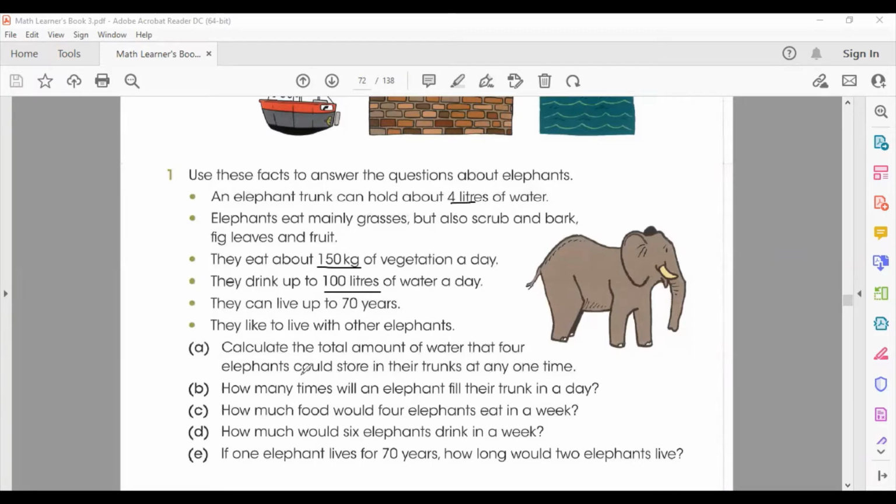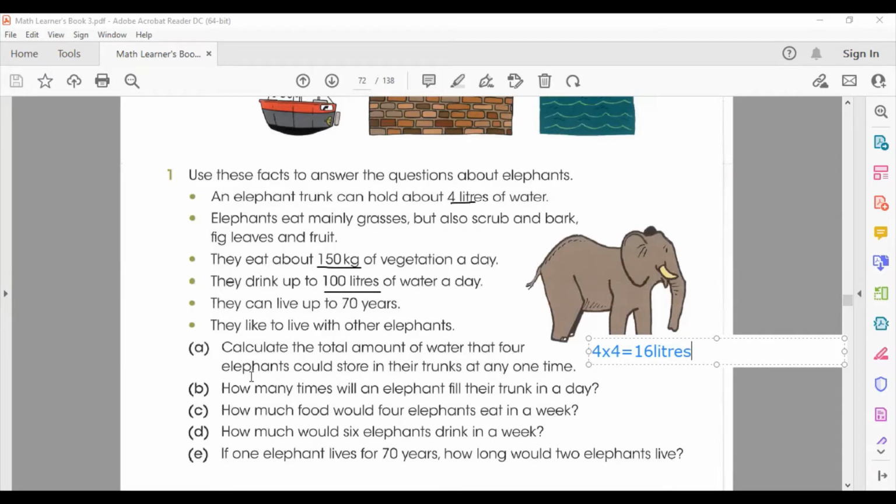There are 4 elephants. So 4 multiplied by 4 equals 16. So 16 liters of water at any one time.